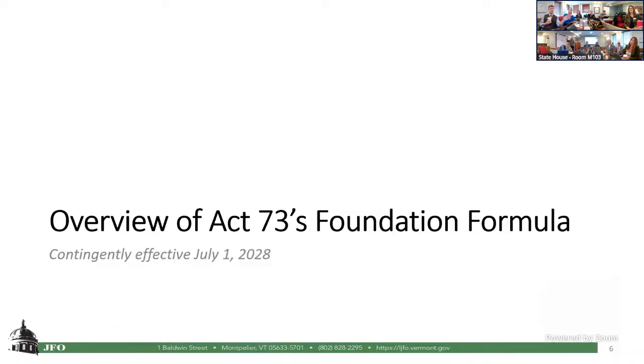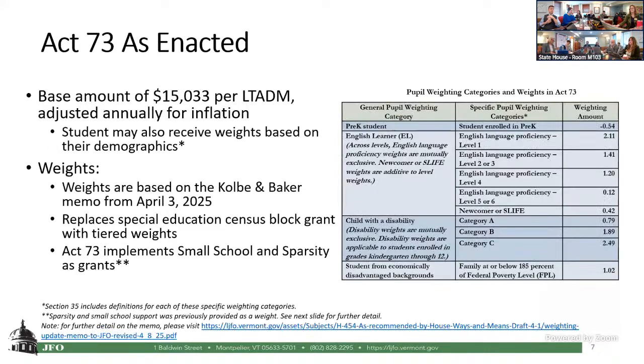All right, so now we've looked at an overview of foundation formulas broadly. We'll now move to the Act 73 foundation formula. I just want to highlight that under Act 73, we have a base amount of $15,033 per long-term ADM.